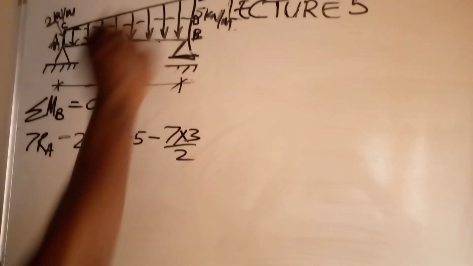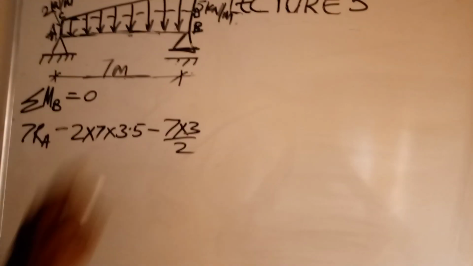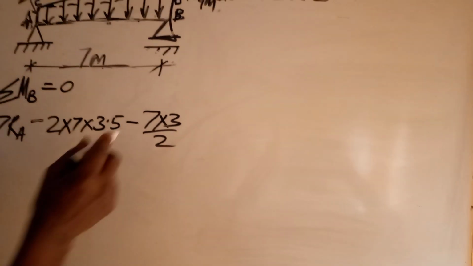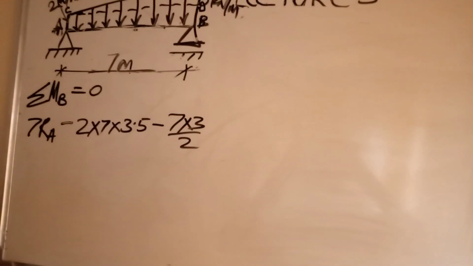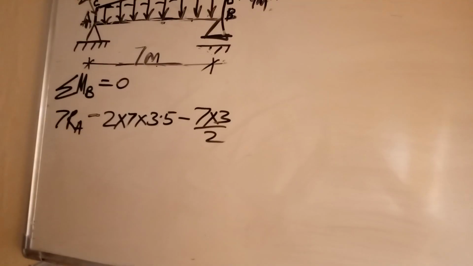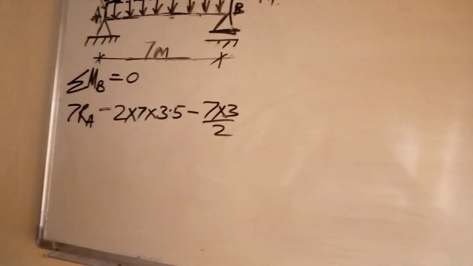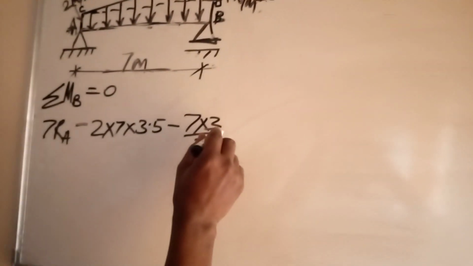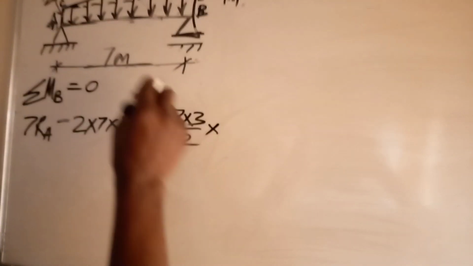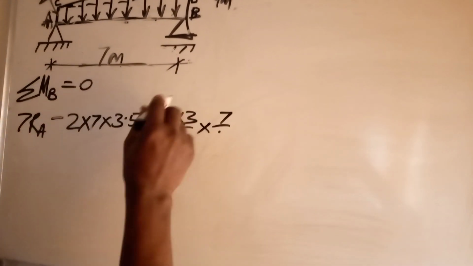Then to make that triangular loading a moment, times the distance from the center of gravity to B, which in this case is 7 over 3.